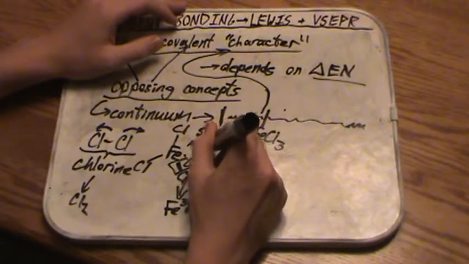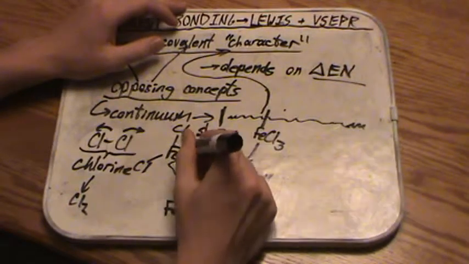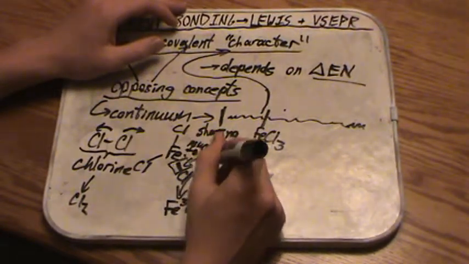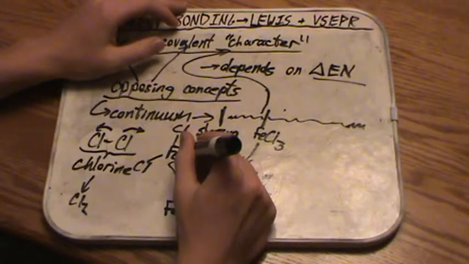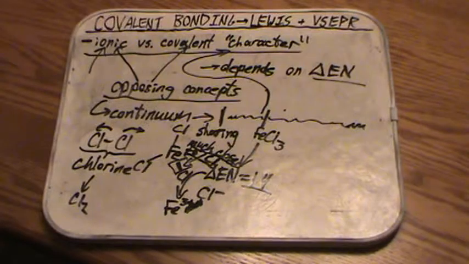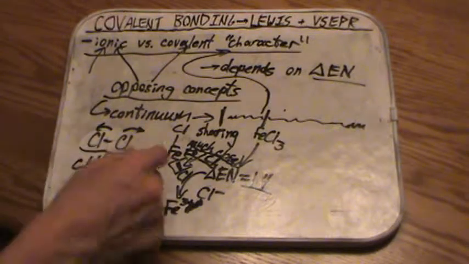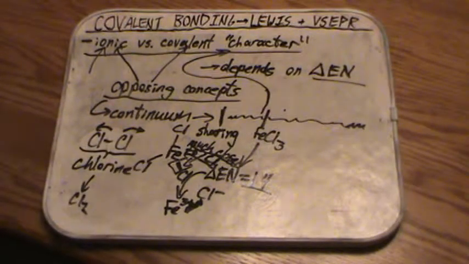They are much closer to Cl, and that is very poorly written, but I'm hoping you'll still be able to tell what I'm saying. So it is much closer to Cl than to Fe.